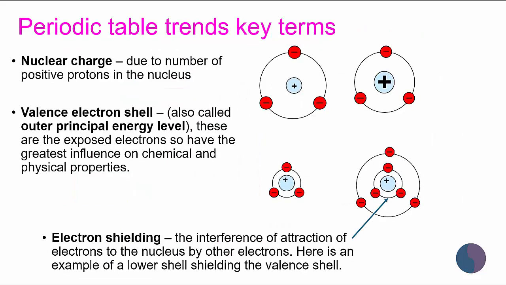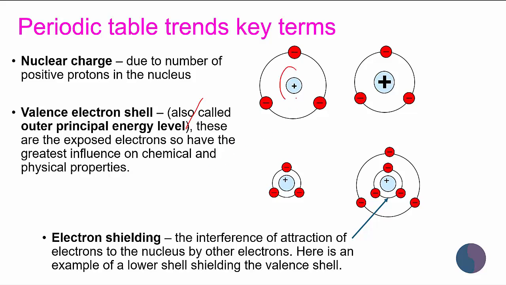Okay. It's also important to give the key terms. These are the terms that are going to be needed. The first one is nuclear charge: how many protons are in the nucleus, how positive it is. The second one is the shells: the valence electron shell, or you can use outer principal energy level, which is the more IB speak. They are the shells on the outside.